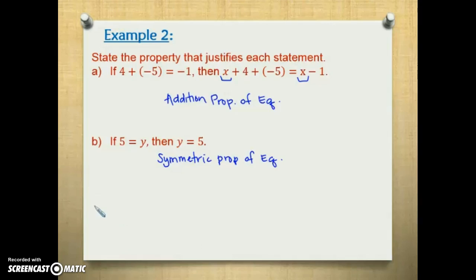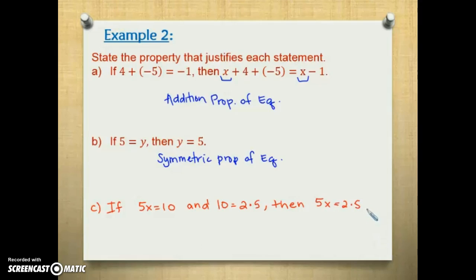So let's go ahead and add one more right here. What if I said, if 5x equals 10 and 10 is equal to 2 times 5, then 5x equals 2 times 5.